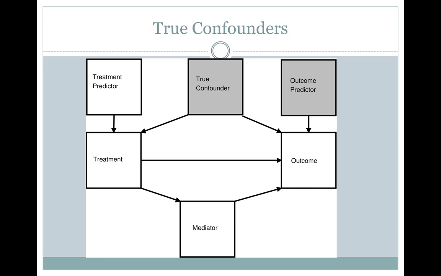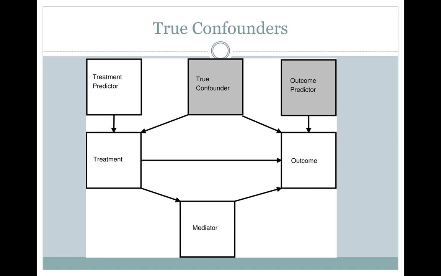Now, it's also important to include predictors of the outcome for a different reason. So predictors of the outcome, if you ignore them, it doesn't result in bias in treatment effect estimates. However, including predictors of the outcome in the propensity score model will increase efficiency, so it will reduce variance, giving us more power to detect the treatment effect.